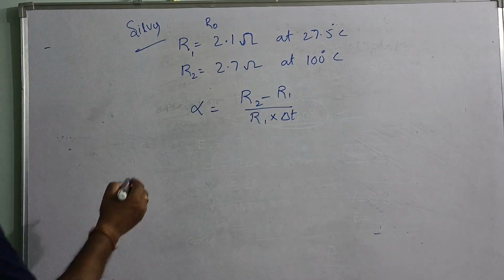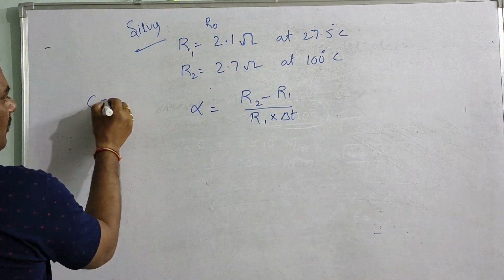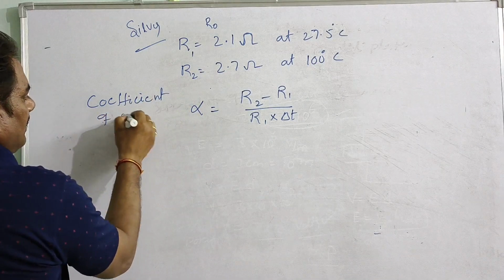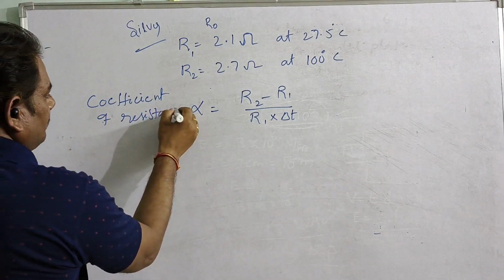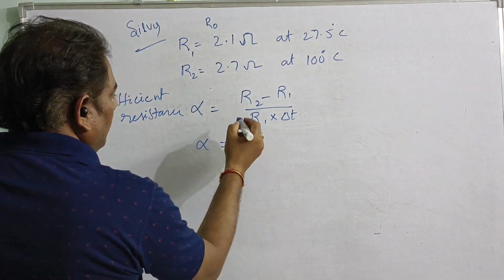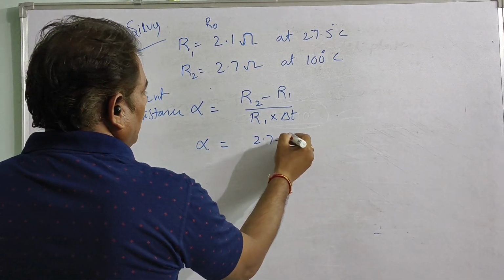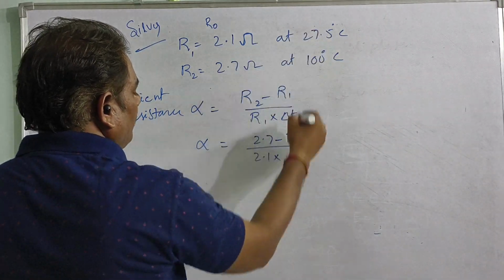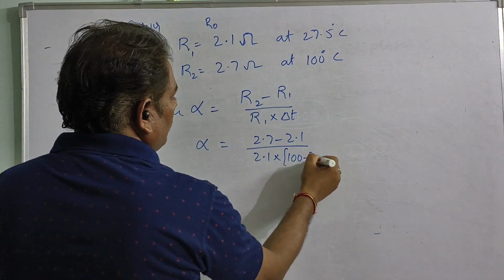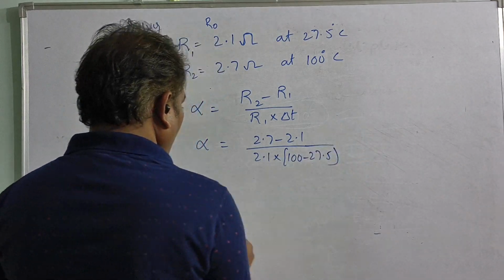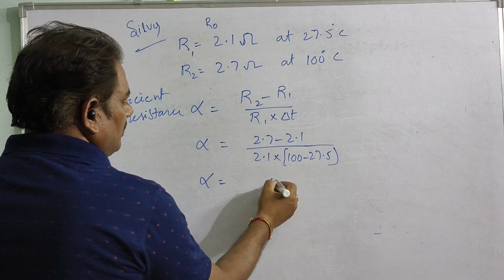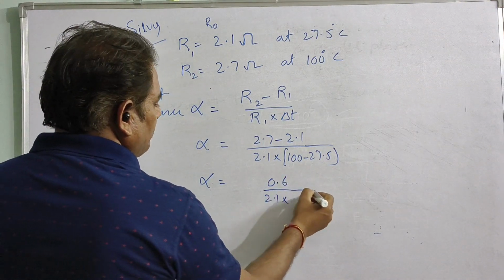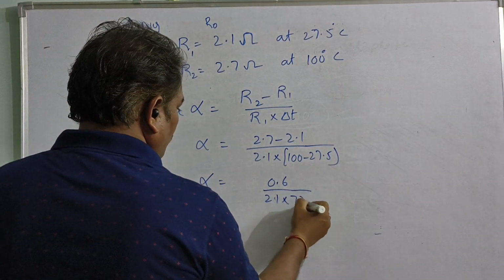Coefficient of resistance, alpha, equals 2.7 minus 2.1 by 2.1 into the temperature difference, 100 minus 27.5. So alpha equals 0.6 by 2.1 into 72.5.